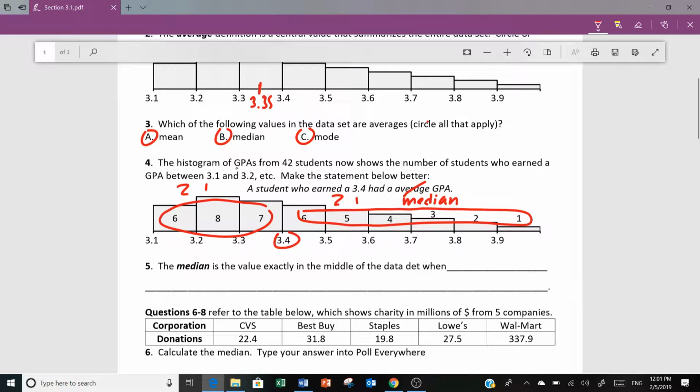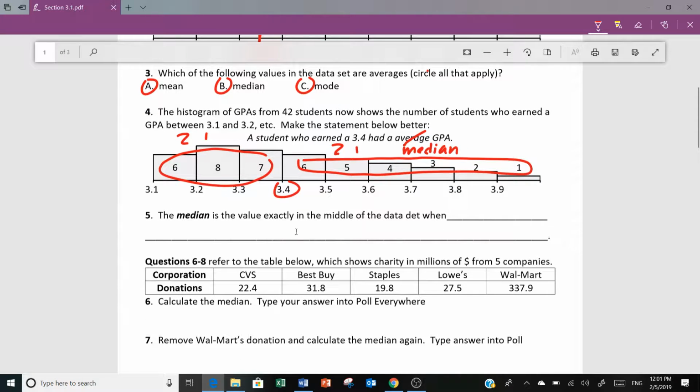Okay, so we have to be a little bit more specific though. The median is the value exactly in the middle of the data set when, okay, fill in the blank.